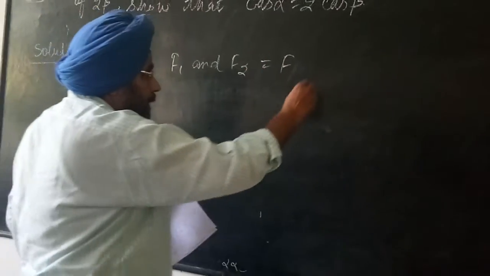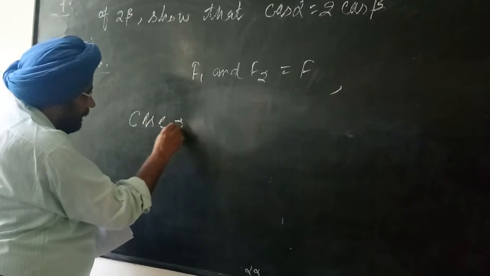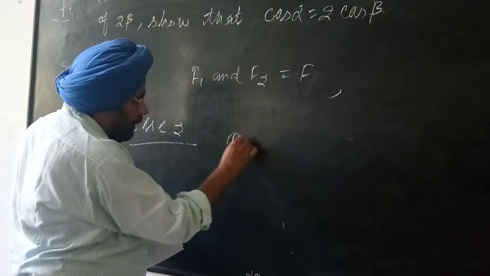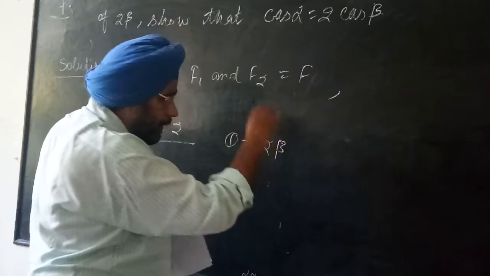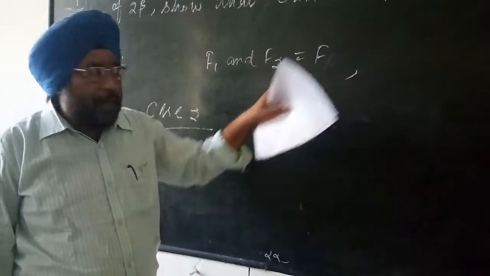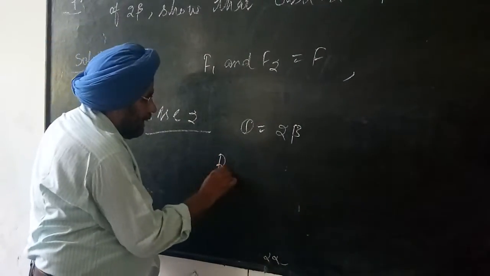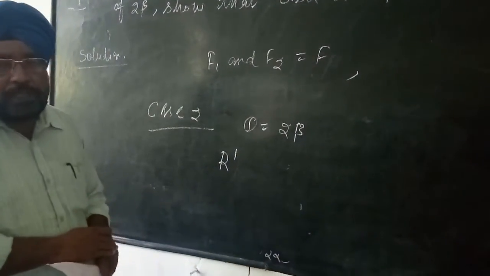Now the forces F1 and F2 are each equal to F. Now the second case: the angle between the forces theta is equal to 2 beta. Let R dash be the resultant when the angle between the forces is 2 beta.